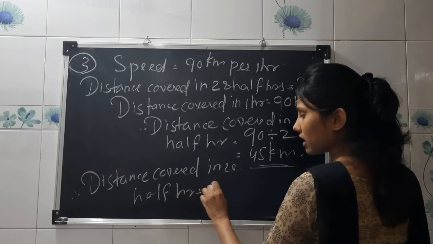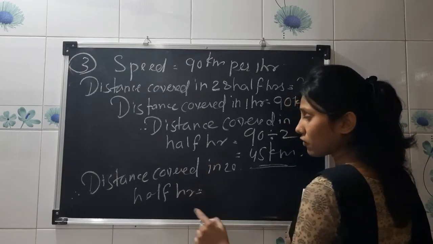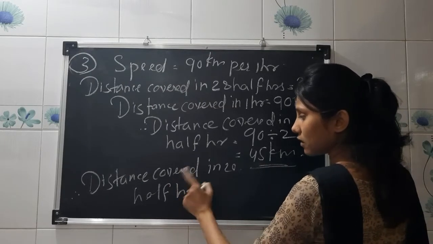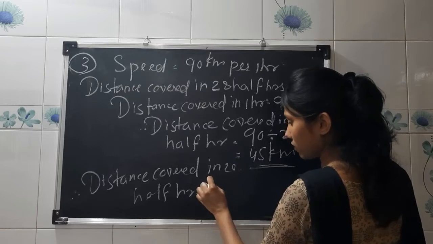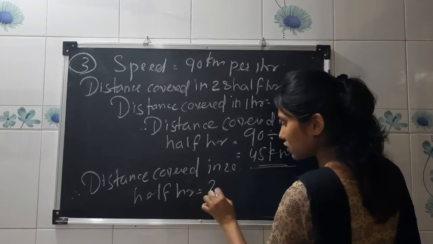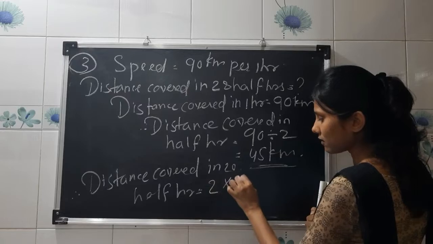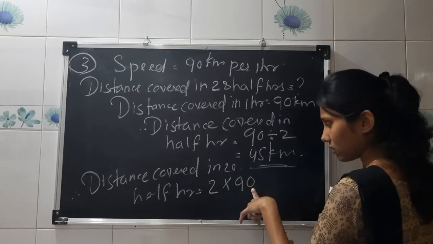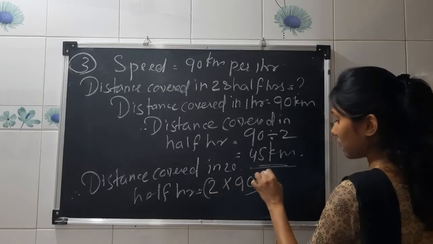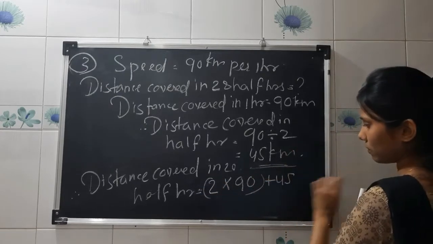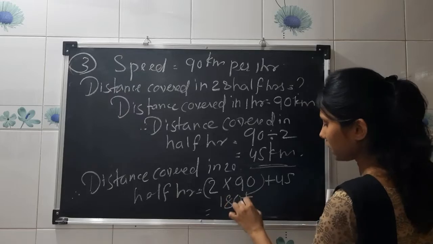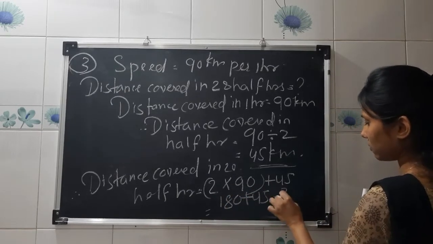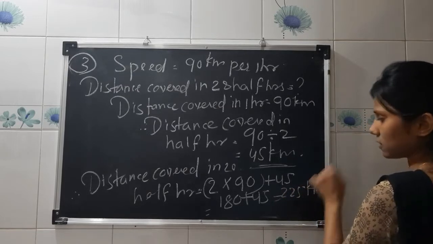Distance covered in 1 hour is 90 kilometers. Therefore, we have to first find out the distance covered in 2 hours. Okay, let's take the distance covered in 2 hours. So 2 hours means 2 multiplied by 90, that is 2 hours multiplied by the distance covered in 1 hour, plus 45 kilometers. 180, that is 2 into 90, 180 plus 45, 225 kilometers.